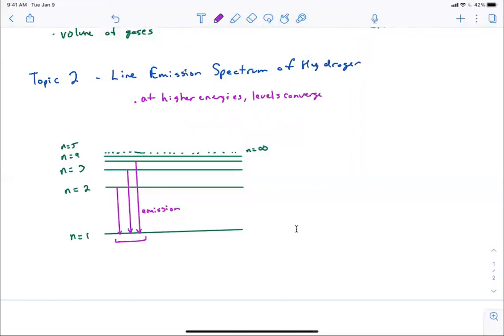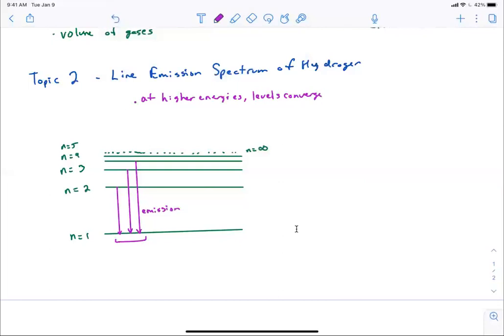They get closer and closer together, so the difference apart is shorter, which means there's less energy required to reach the next level of a jump. Which also means the jumps down to the first energy level are the most significant in energy.